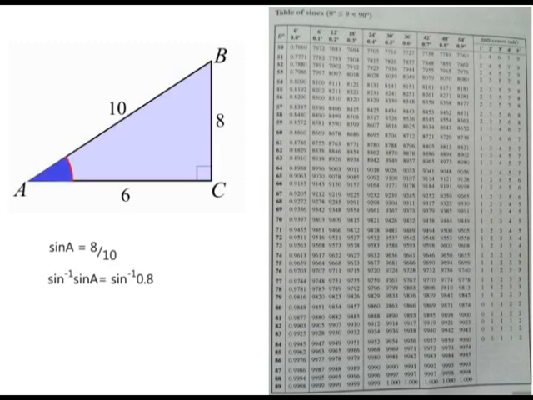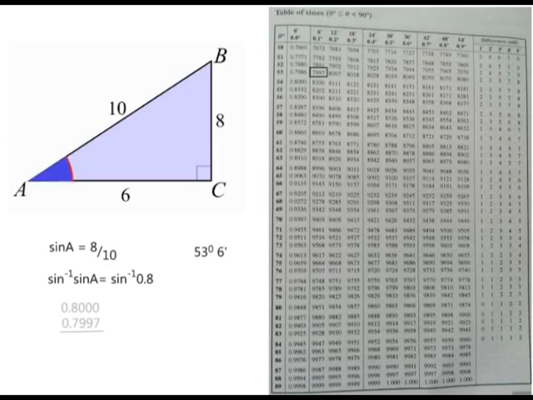Sine inverse of sine A is equal to A. Sine inverse of 0.8, we go to the tables of sines. 0.8 is not there. The closest smaller number is 0.7997, and that is the sine of 53 degrees and 6 minutes.